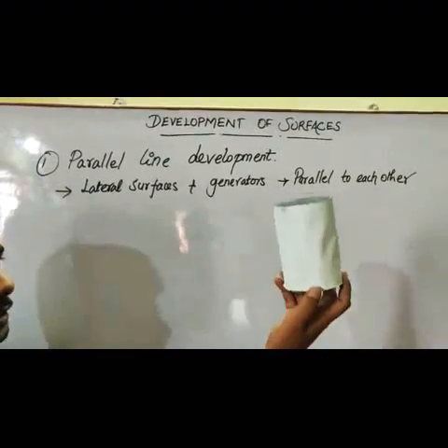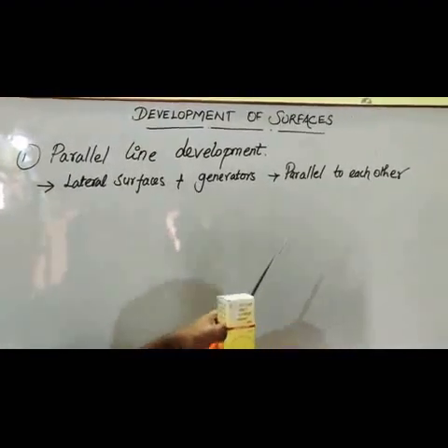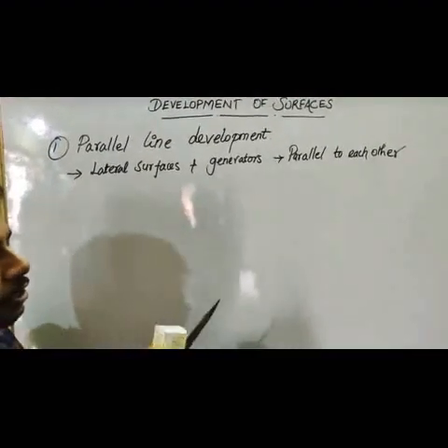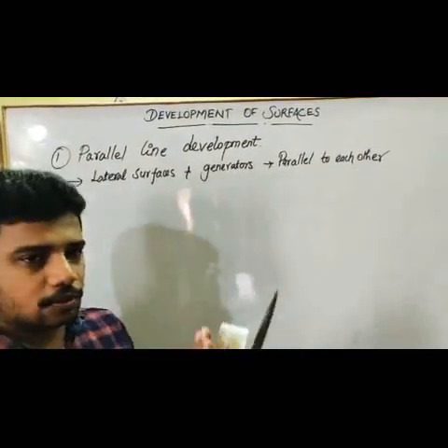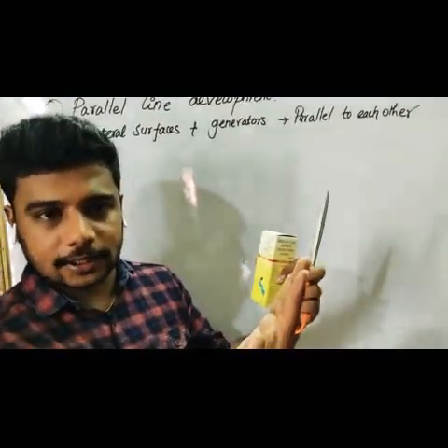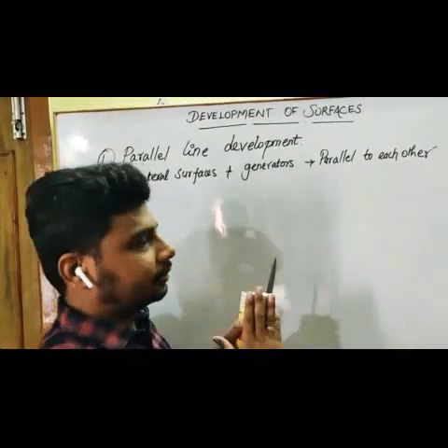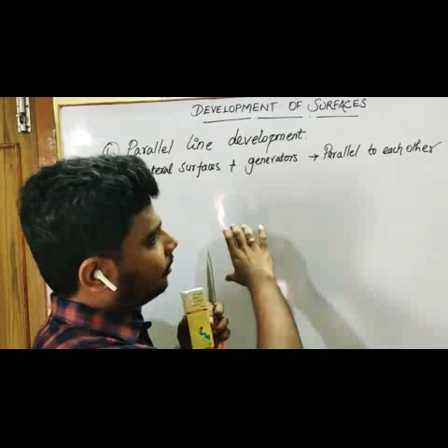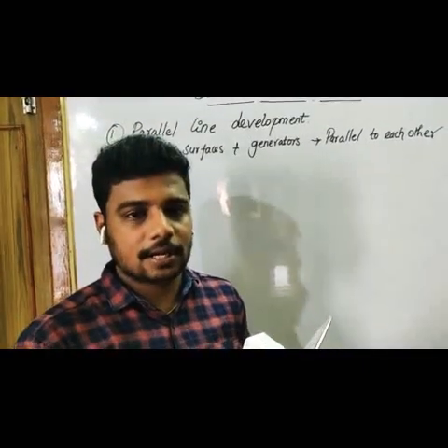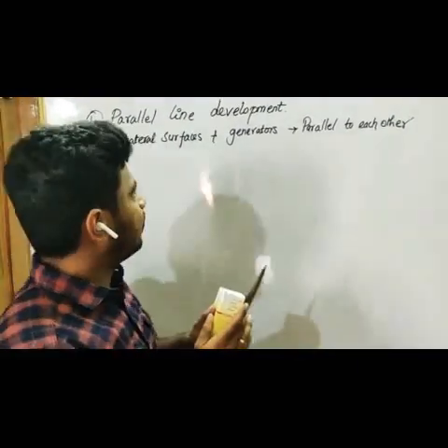For a prism the lateral surfaces should be parallel to each other. So when you develop it, unfold it or unroll it, whatever you do, when you stretch it out, the laterals should be parallel to each other. That is called the parallel line development method.